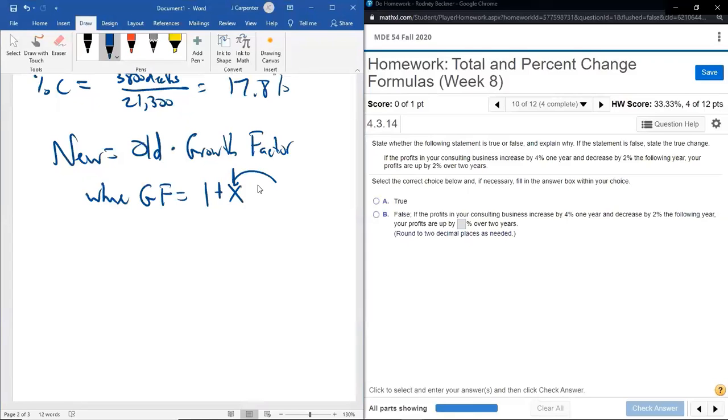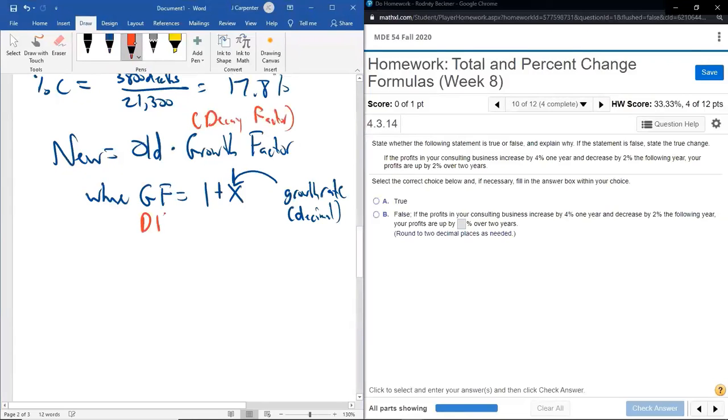So the x right here, that's your growth rate as a decimal. Now, this also works for decay, except a decay factor is 1 minus that decay rate. So this increase, 4%, that's a growth. A decrease, that's a decay. Growth is up, decay is down.